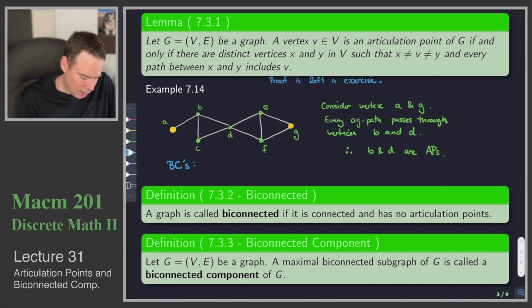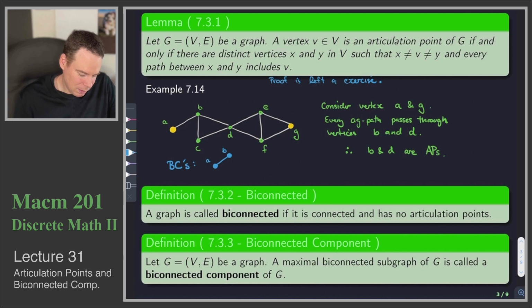So let's think about vertex A. Is vertex A itself a biconnected subgraph? Absolutely. If you remove the vertex, you don't get any more components. But we could extend that and also include vertex B. That is also a biconnected subgraph, and it's bigger than the one that was just A alone.